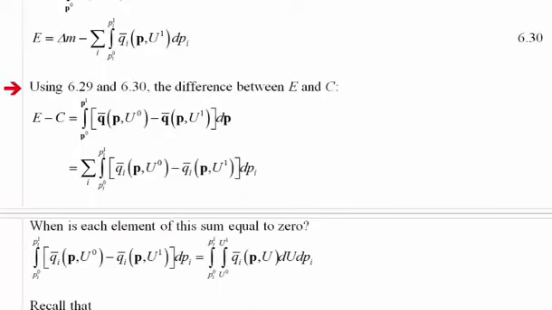We can now use 6.29 and 6.30 to figure out what's the difference between equivalent variation and compensating variation. The difference is going to be the difference between those line integrals, expressed here as the integral from the vector P0 to P1 of the Hicksian demand function evaluated at U0.